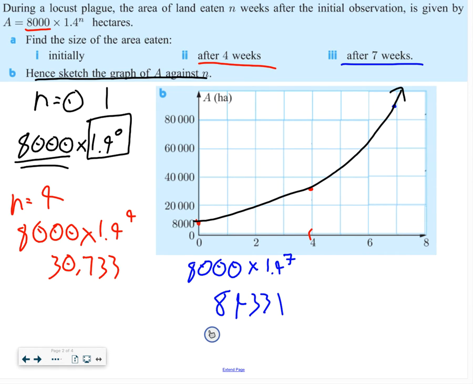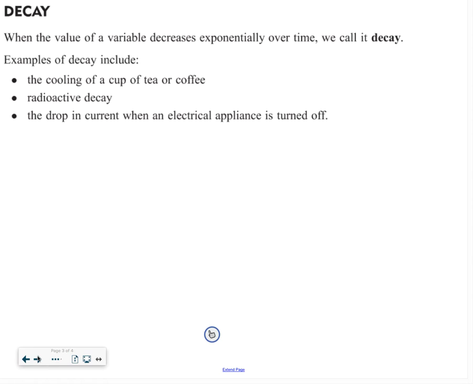Along with growth, we're also going to talk about decay. Decay is an exponential decreasing graph over time. Oftentimes we talk about decay when we're talking about cooling. As we introduce something in a room, hot coming out of the oven or a cup of coffee, it's going to cool down exponentially.